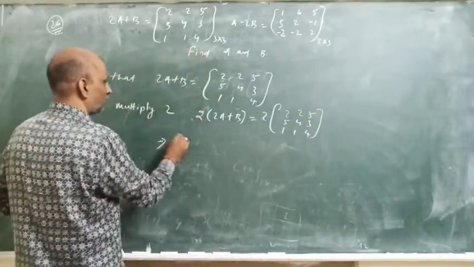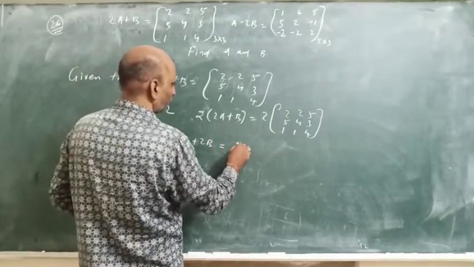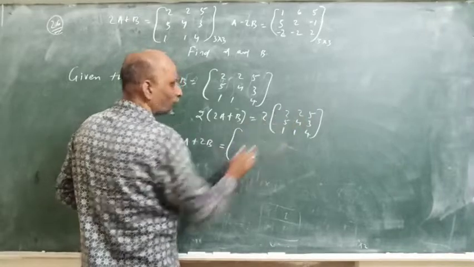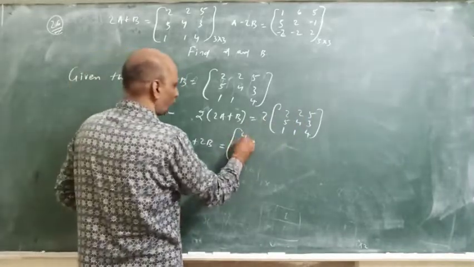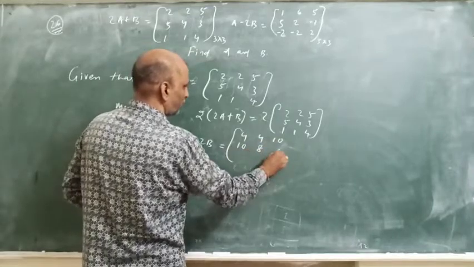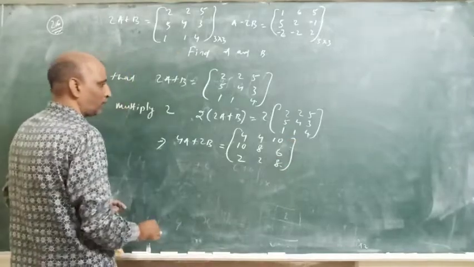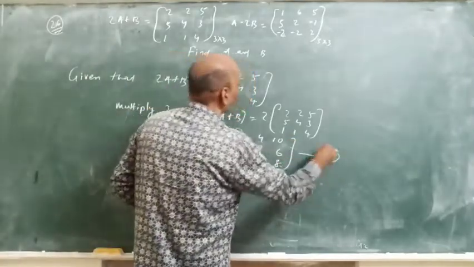So it becomes 4A plus 2B. Every element will be multiplied by 2, that is 4 4 10, 10 8 6, 2 2 8. Okay, now let it be equation 1.